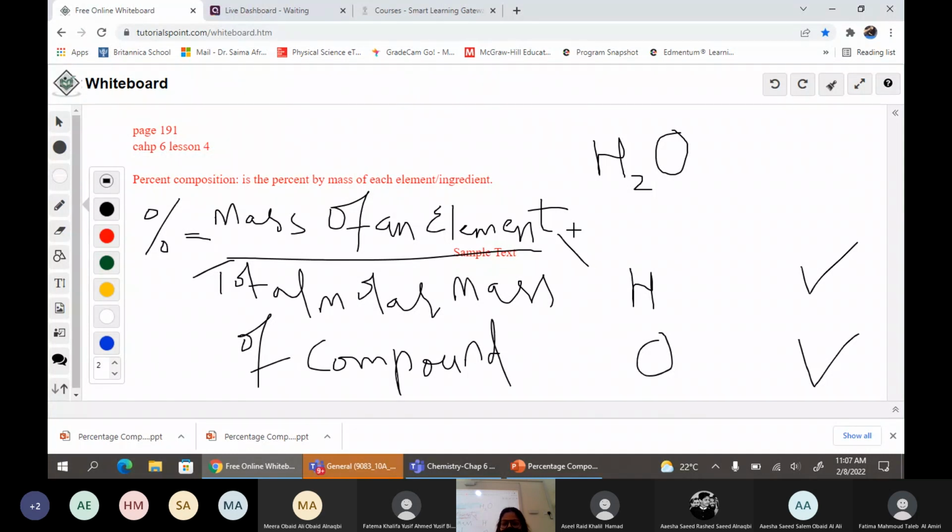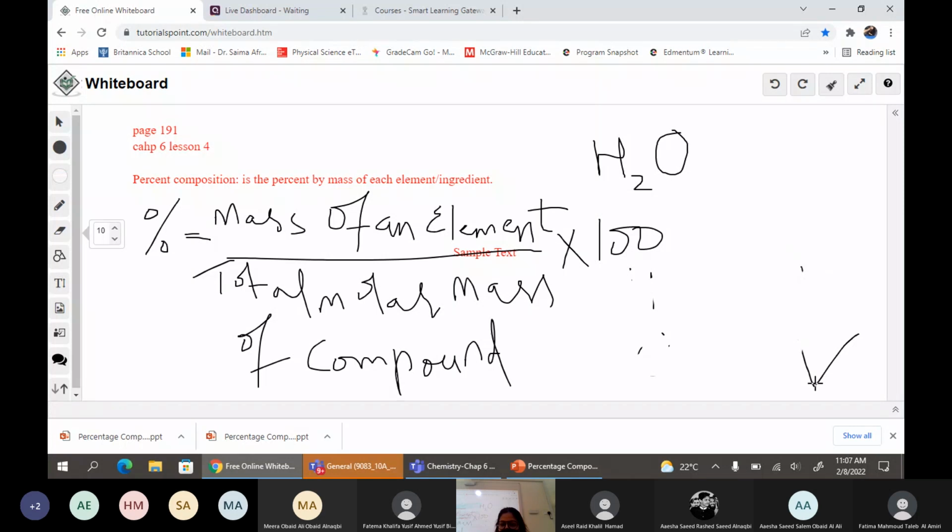Okay, so let's calculate first for hydrogen. This is the formula we have. We have a compound called water. Okay, first let's calculate for hydrogen. What is the mass of hydrogen?